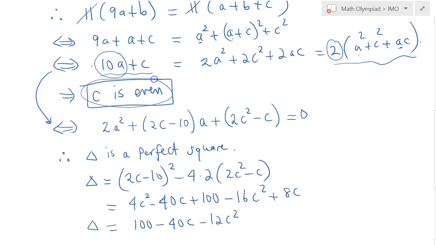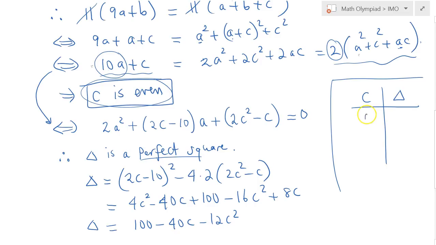Remember that c is even. Let's list the values of c and the discriminant, and let's see if we can make it a perfect square. So the values of c are 0, 2, 4, 6, and 8. When c is 0, that works: 100, which is a perfect square.